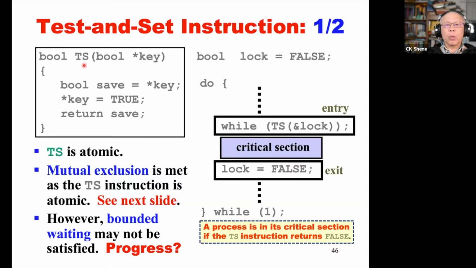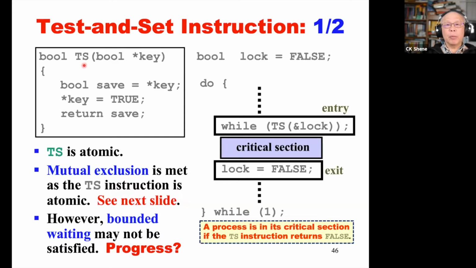So what the test and set instruction does is it requires a pointer to a location. That location, let me call the key. So when you execute a TS, you provide it with a pointer to a location. That location usually contains an integer. Whether it's a byte or 2 bytes or 4 bytes, that doesn't matter to our course.